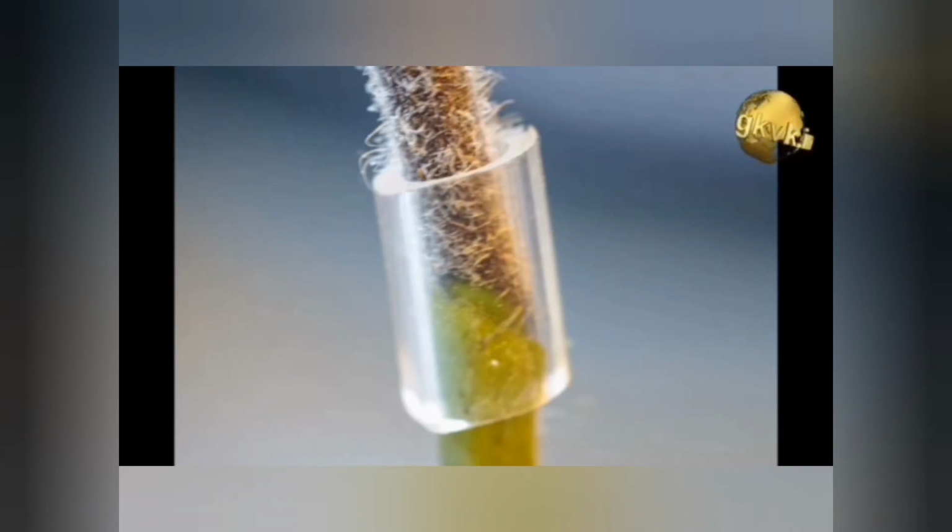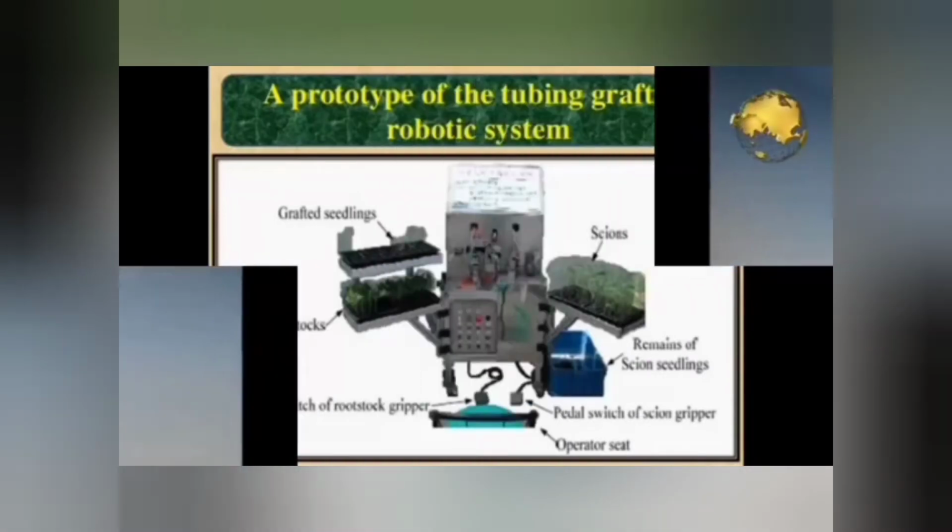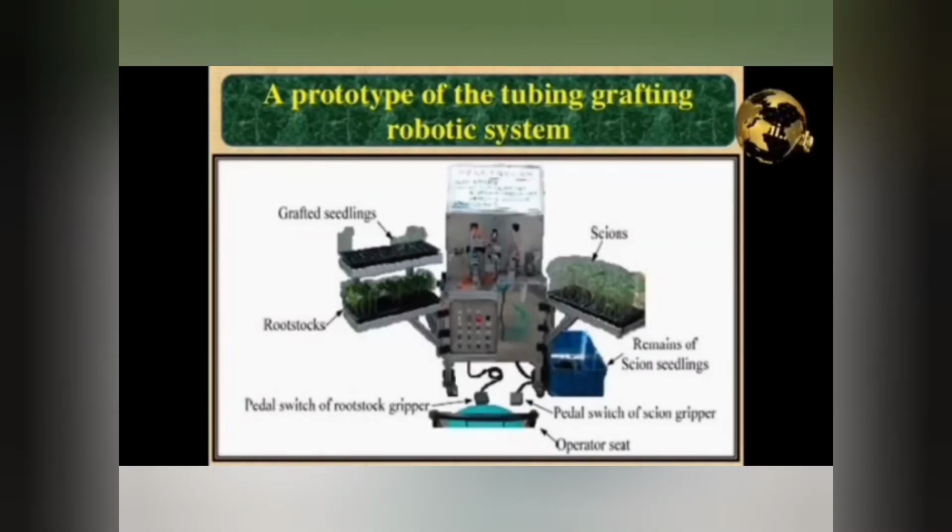Other tools like tying and supporting materials are required. One more thing: grafting machines are sometimes useful for automation, because grafting can take a lot of time and skill. So grafting machines have been created for automation.